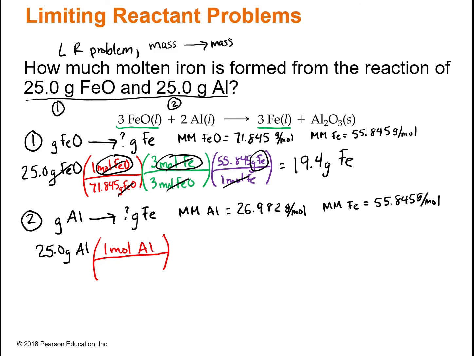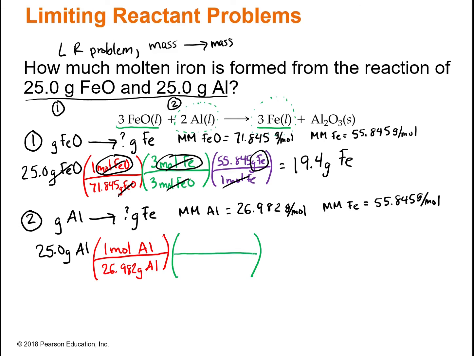This time it's the molar mass of aluminum. Next comes the mole ratio. I'll do a dotted circle here. We care about aluminum and iron.